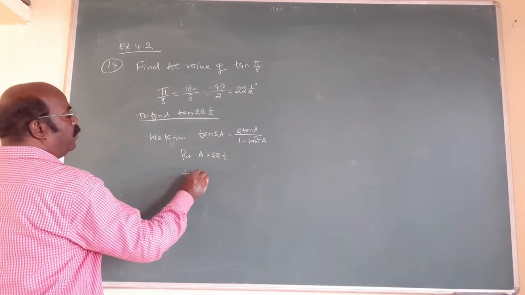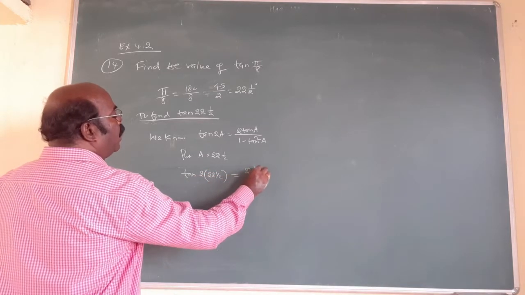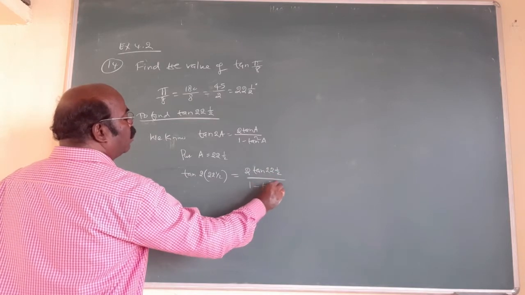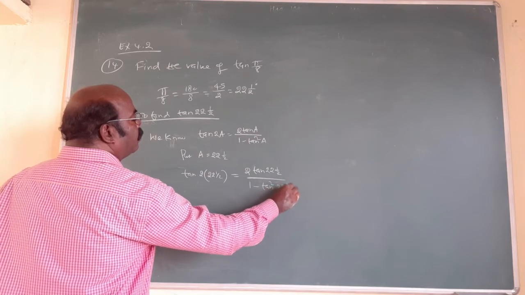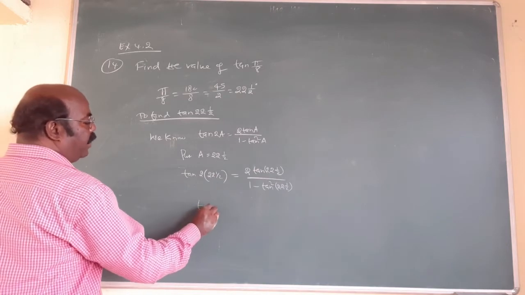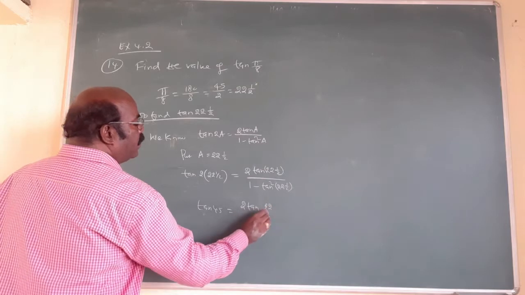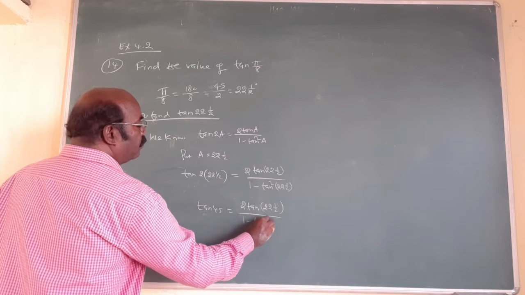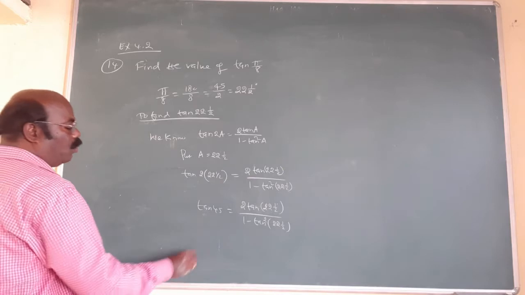So tan of 2 into 22 and a half equals 2 into tan 22 and a half divided by 1 minus tan square 22 and a half. Now it is tan 45 degrees, and tan 45 is 1.